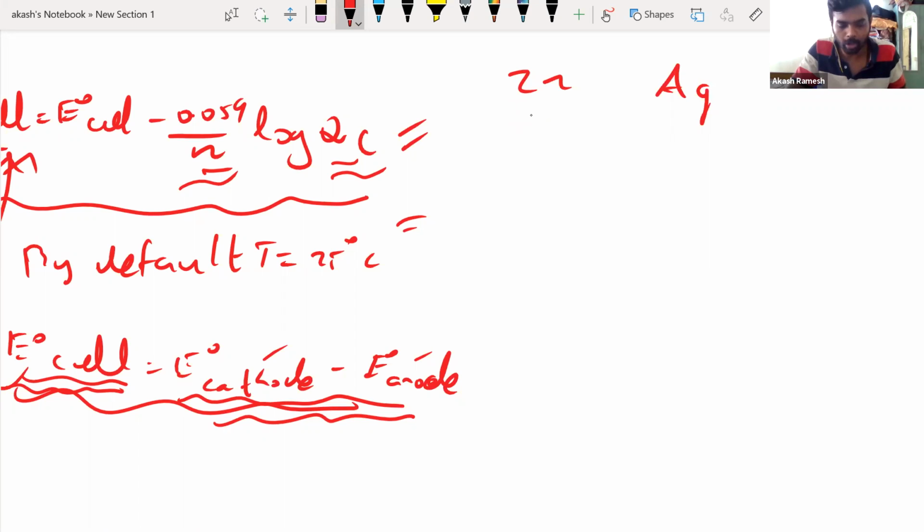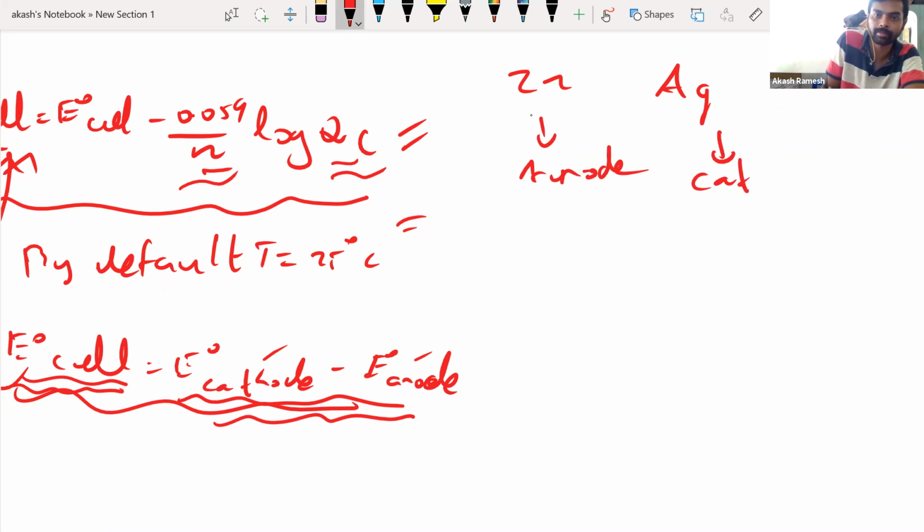From your knowledge, tell me which I have to use as cathode and which as anode. So zinc is anode, and obviously Ag is cathode. Depending on which is the more electropositive element, it will go to the anode, and the less electropositive element will go to the cathode. So obviously zinc has to be in the anode, and Ag will be in the cathode.